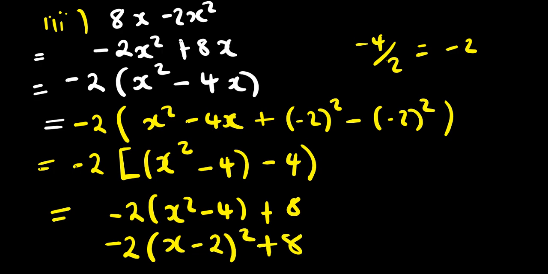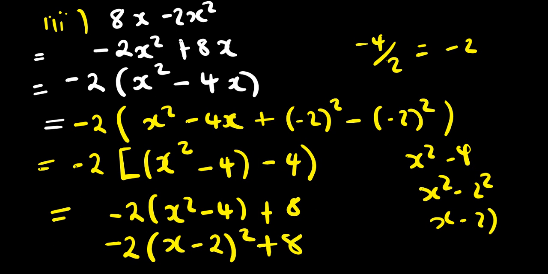Hope we are good. If I say x squared minus 4, that is just x squared minus 2 squared, so that would be the difference of 2 squares. That's what I've just done, because we want it always to be in that form. Very, very important. It's good that we had such a question.